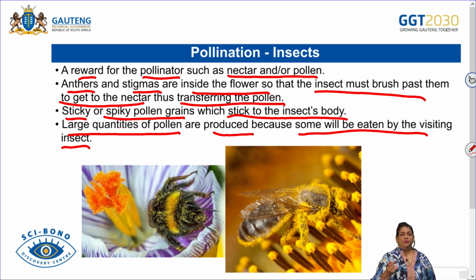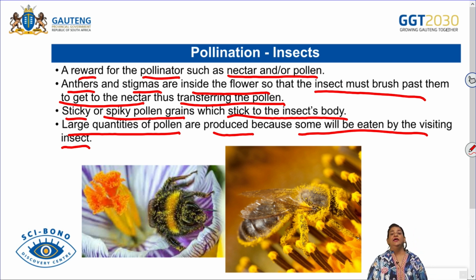So therefore, pollination by insects, what are we going to gain? We're going to get fertilized ovules, we're going to get fruits. That's what we know. We're going to have flowers. But now, what do the bees or the birds or the butterflies get? They get the nectar as food. They get the pollen as food. And they use all of that for their own survival as well.